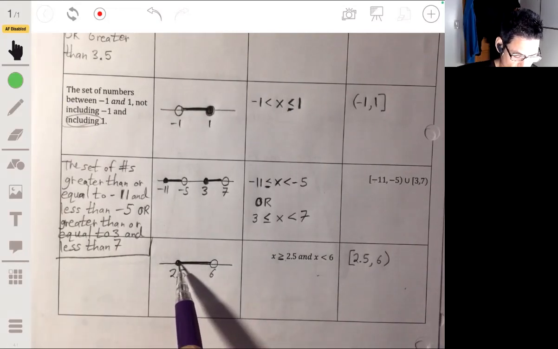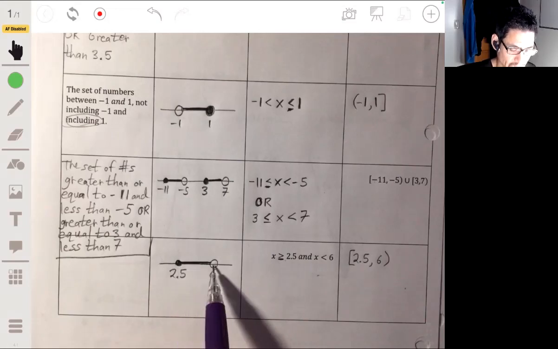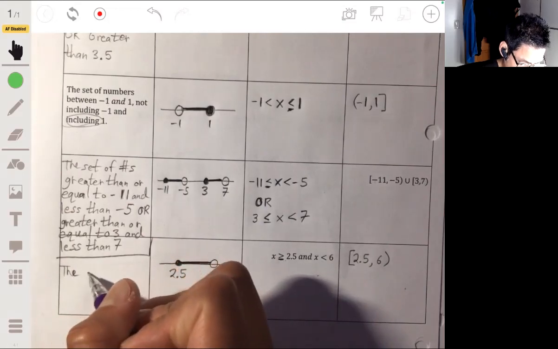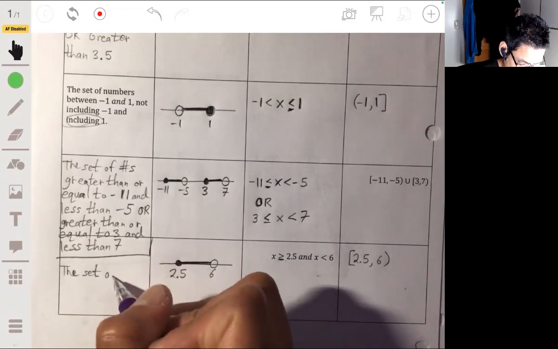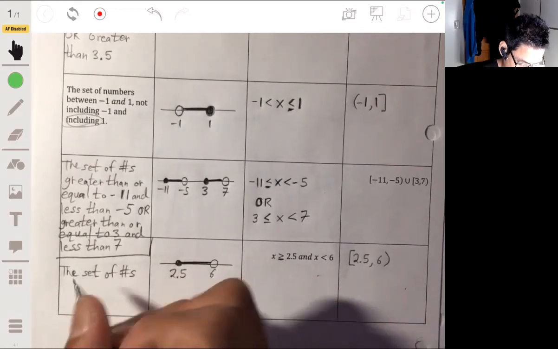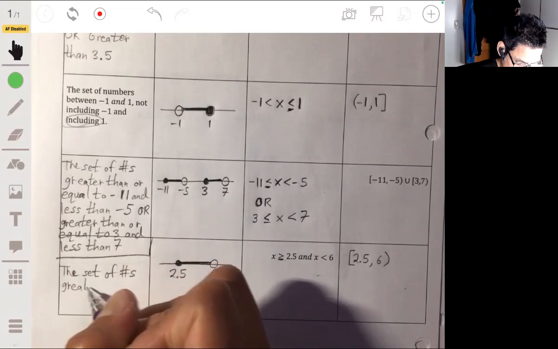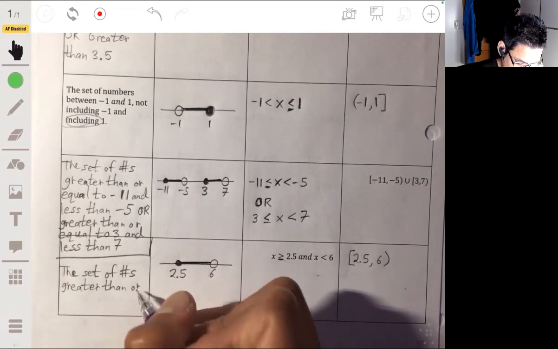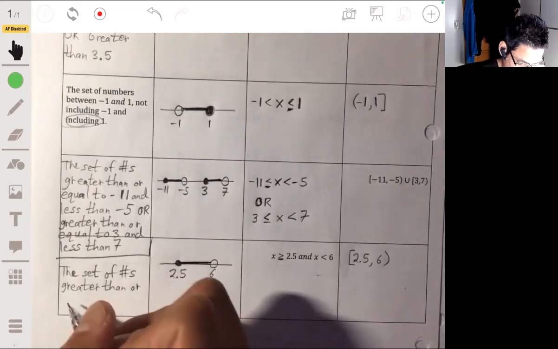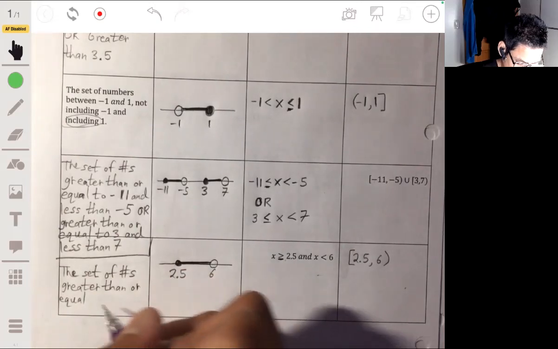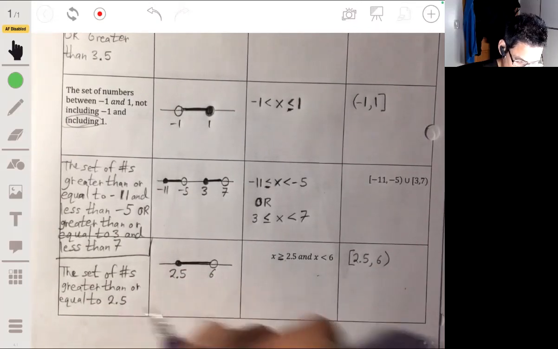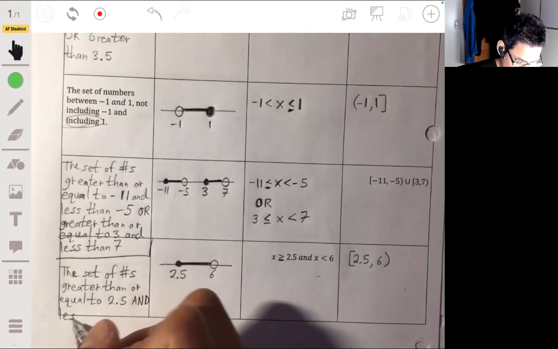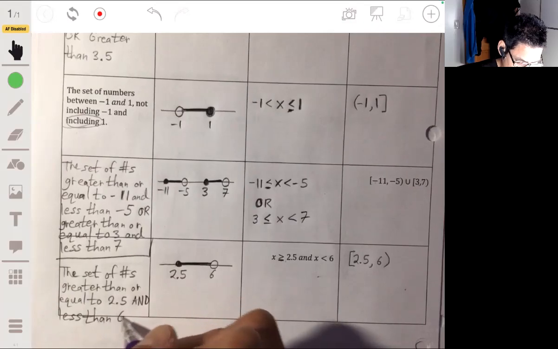A set of numbers greater than or equal to 2.5 and less than 6.